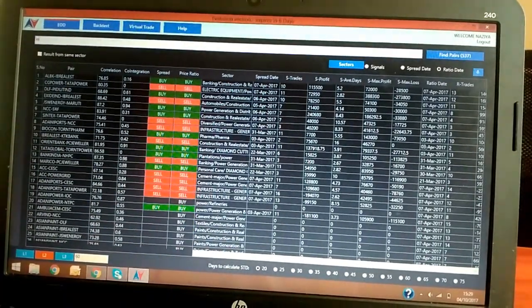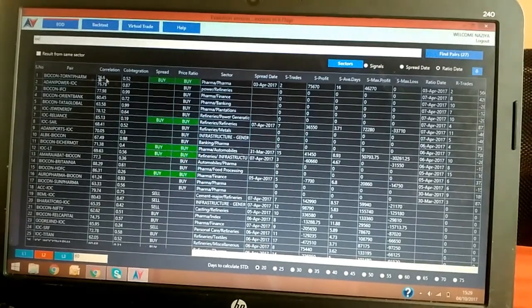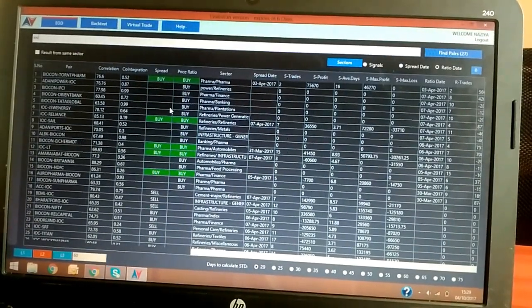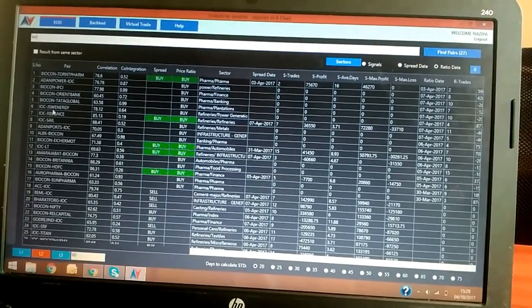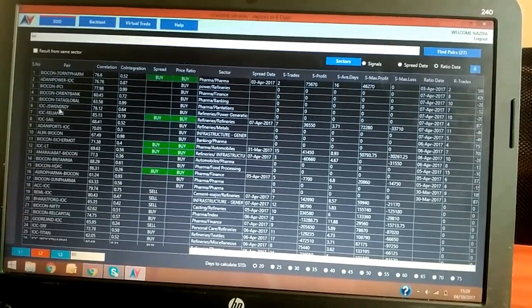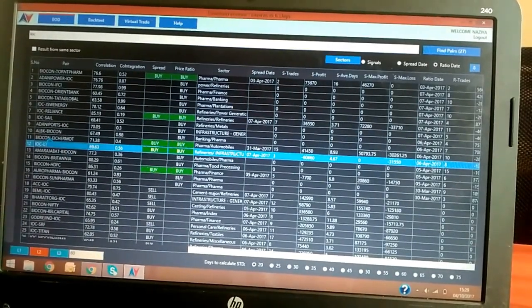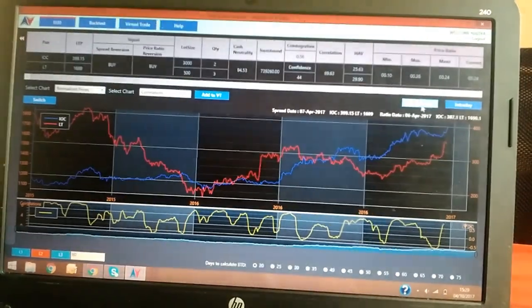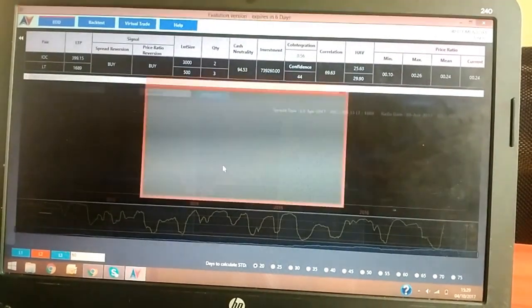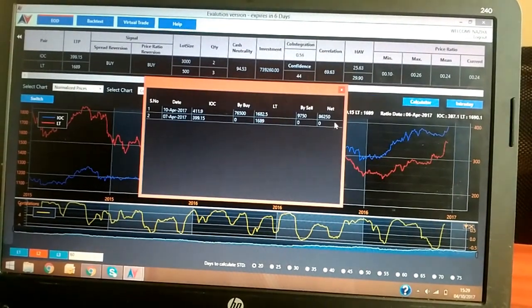If I click, whatever pairs IOC has will come here. You can see IOC and SAIL, IOC and JSW Energy, and then IOC and LNT. So this is how you can use pair trade analyzer. It's in a profit of 86,250 today.